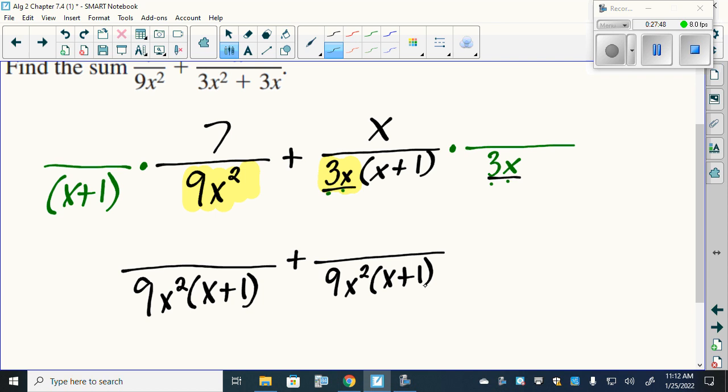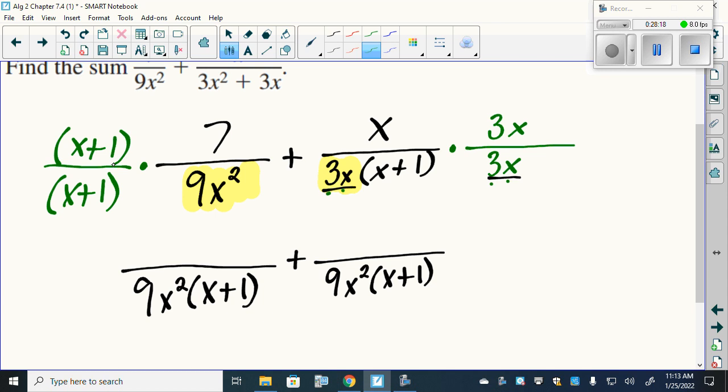Yes. Now, I can't just multiply the right-hand side by 3x on bottom. We'll also have to multiply it by 3x on top. I can't just multiply the 9x squared by x plus 1. We'll also have to multiply the 7 by x plus 1. And this here is actually kind of ingenious the way that this works.